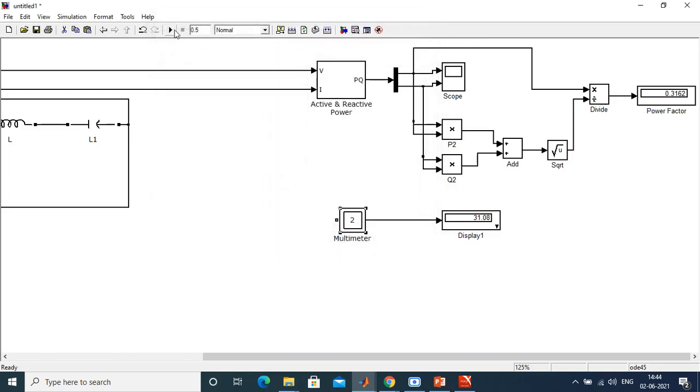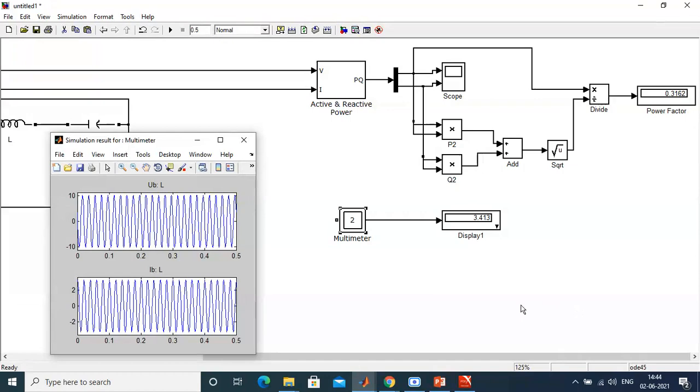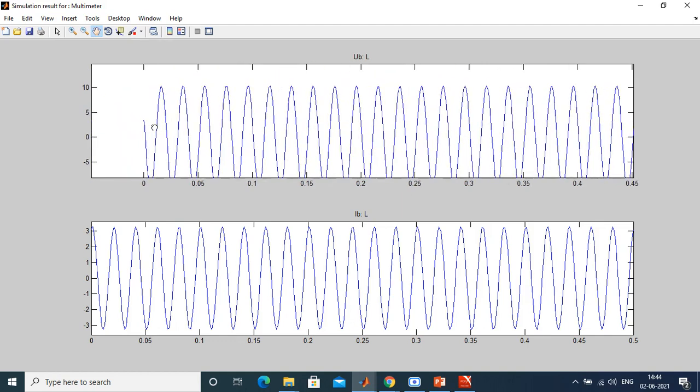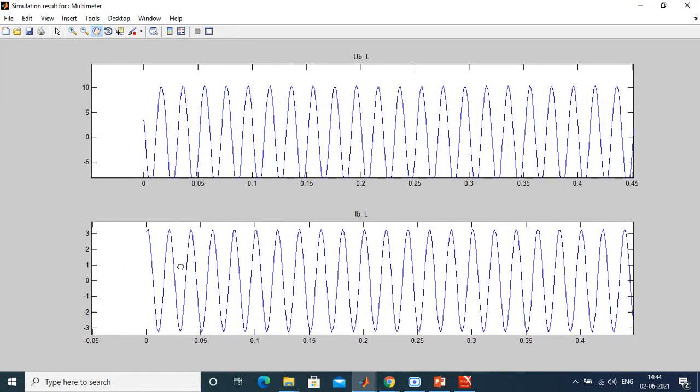Okay, now what happens to your voltage and current? See here, the voltage and current waveforms are 90 degrees apart. Clear? See here, you can see this one, see this one.